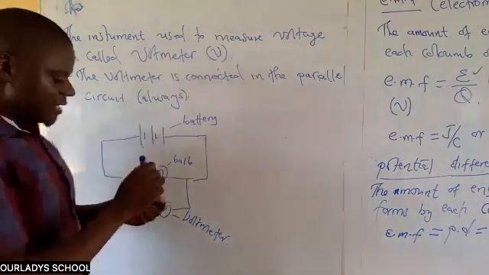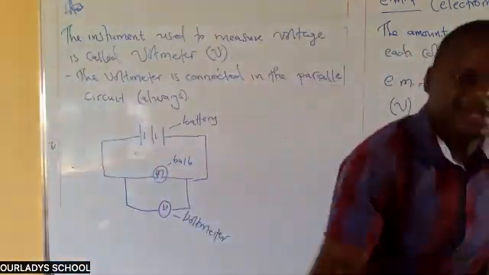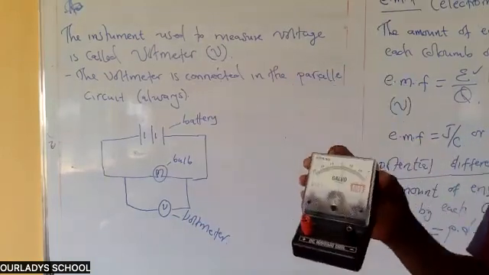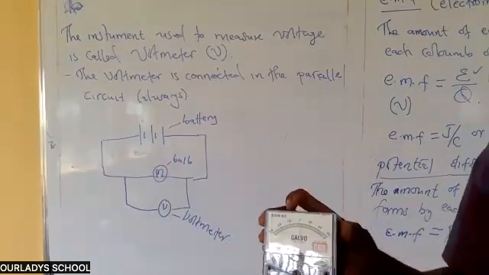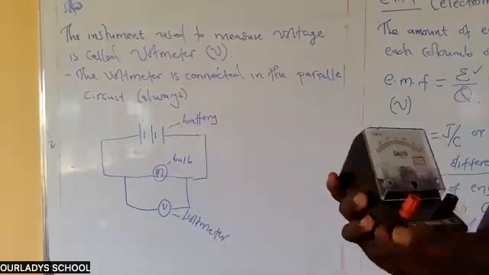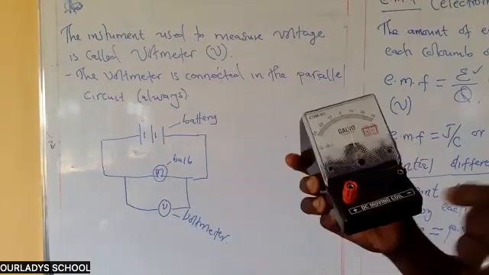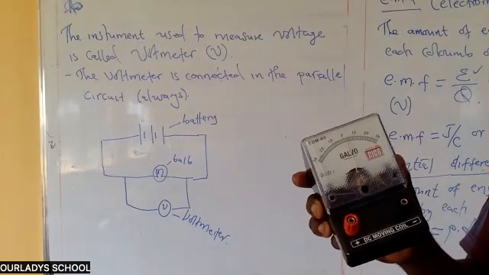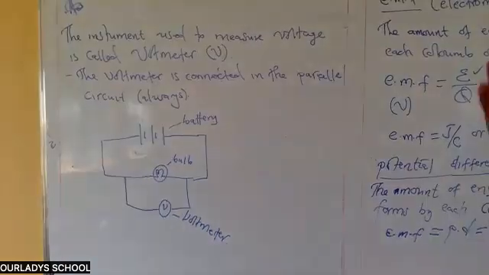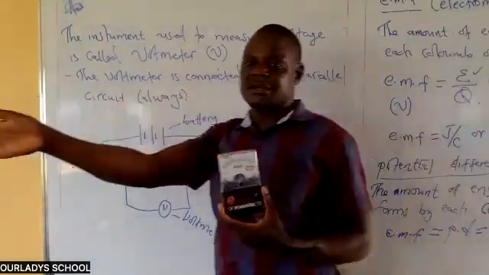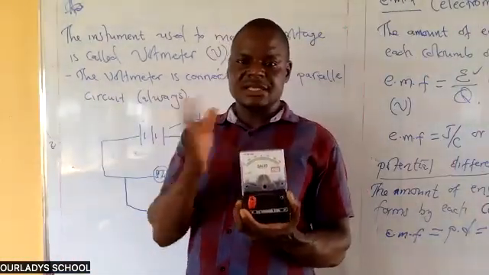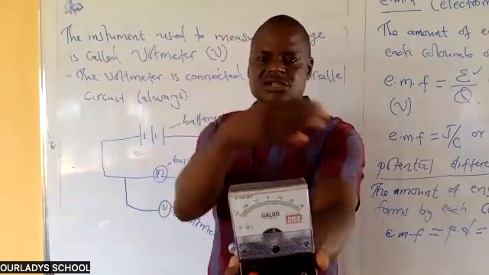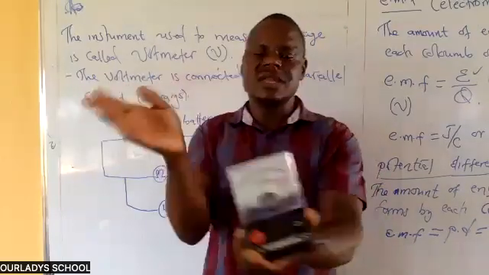So the voltmeter also has a symbol V, like I indicated on the ammeter. This is a galvanometer. The ammeter and the voltmeter are almost the same, except that for the ammeter, they indicate whether it's DC or AC. Actually, it must be DC because DC has a particular way in which the current moves. But for AC, it changes direction. We are likely to have something like a galvanometer so that it shows the current going in either direction.